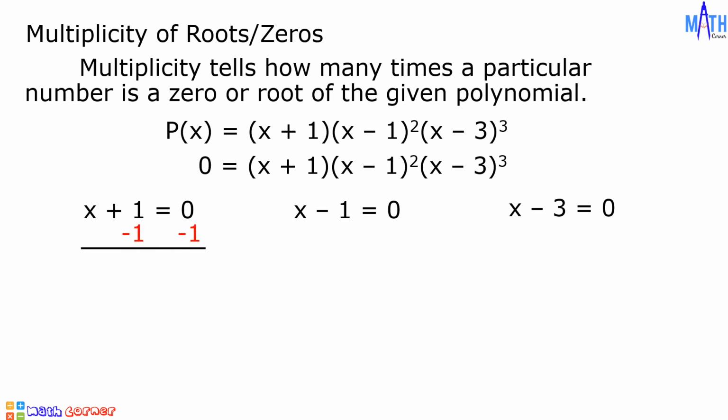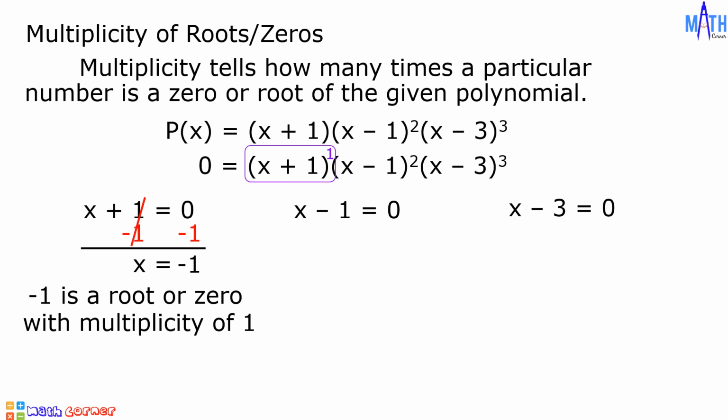On the left side, x plus 1 plus negative 1 is equal to x. On the right side, 0 plus negative 1 is equal to negative 1. The value of x is negative 1. Since x plus 1 appears once, negative 1 is a root or 0 with multiplicity of 1.